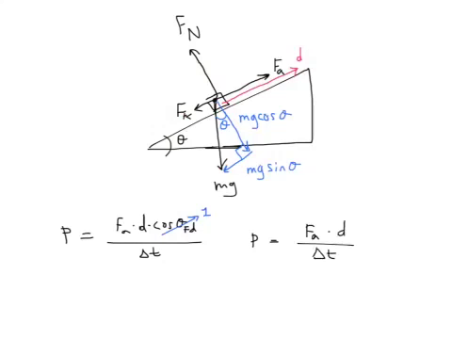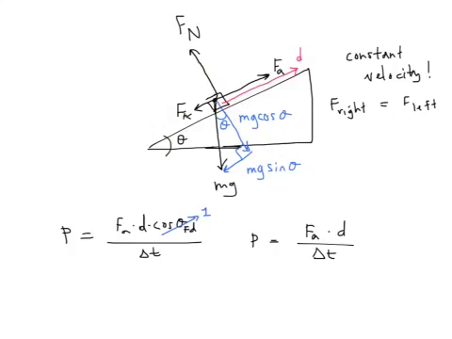Now, in these problems, there will be problems where it'll tell us in the problem the block is moving up at constant velocity. If that's true, then the rightward forces balance the leftward forces.